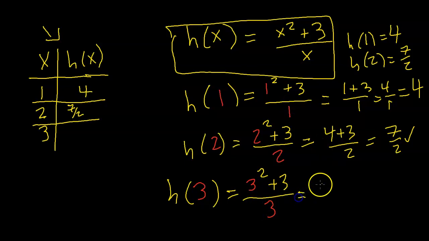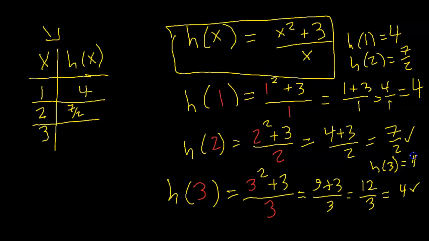So that's going to equal 3 times 3, or 3 squared, is 9. So we're going to have 9 plus 3 over 3. 9 plus 3 is what? 12, right? So that's going to be 12 divided by 3, which is going to be 4. So that means h of 3 is equal to 4. And we can place that right there.